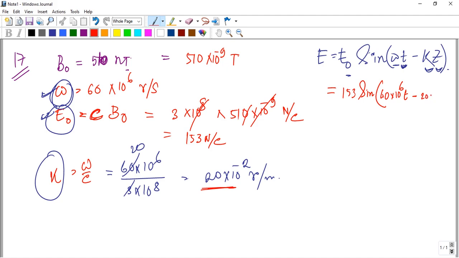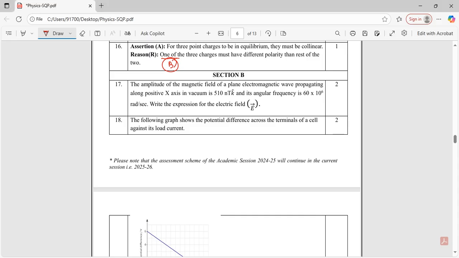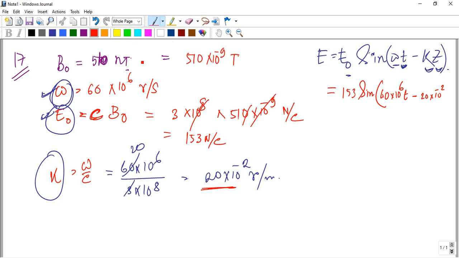Now important, what is the direction here? That's the k cap direction.